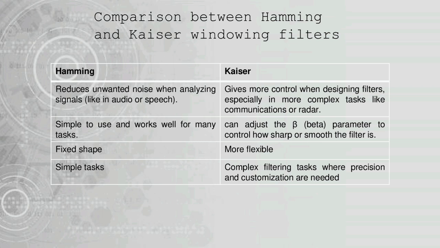Number 2, the Hamming filter is simple to use and works well for many tasks, while the Kaiser filter can adjust the beta parameter to control how sharp or smooth the filter is. Number 3, the Hamming filter has a fixed shape, while the Kaiser has more flexibility. Number 4, the Hamming windowing filter suits simple tasks, while the Kaiser windowing filter suits more complex filtering, where precision and customization are needed.